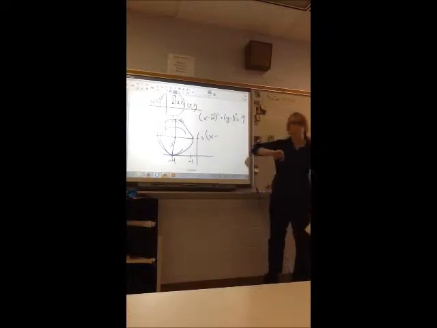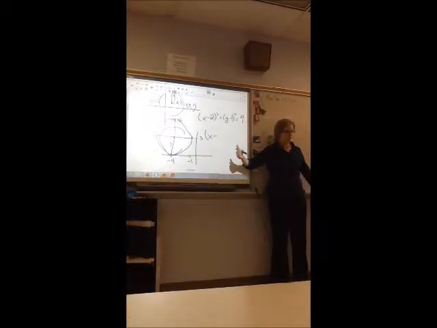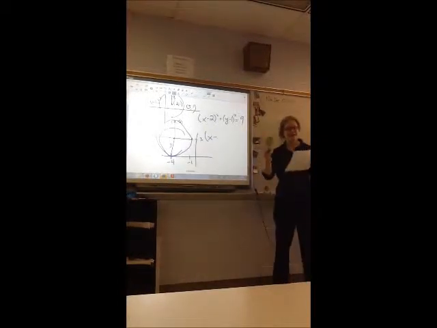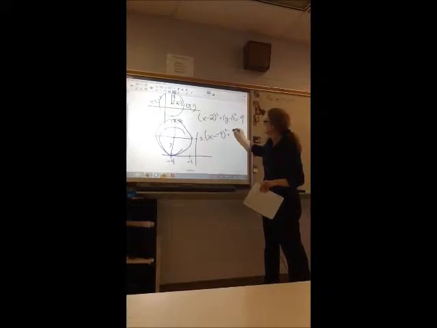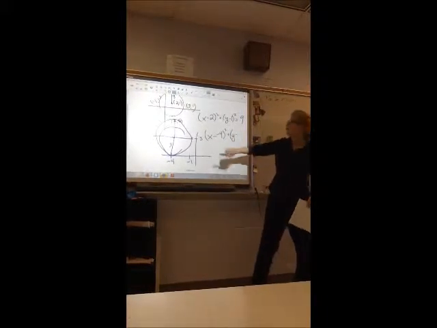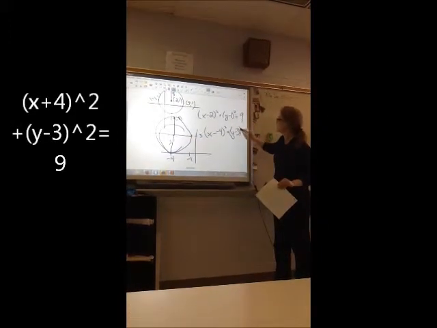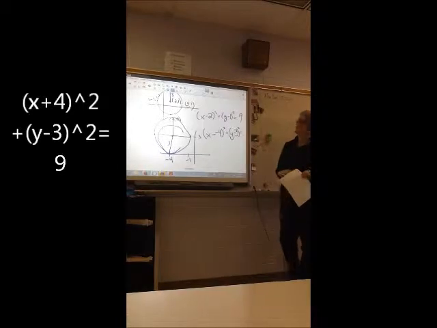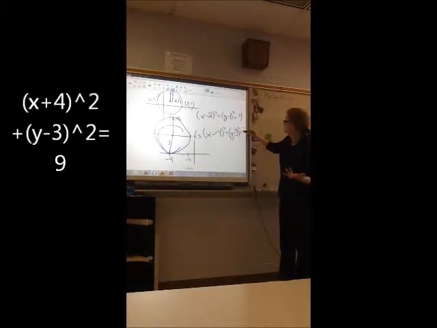x minus, what's the x value of the center point? -4. So x minus -4 squared plus y minus, what's the y value of the center point? 3 squared equals, and the radius is 3. 3 squared is 9.